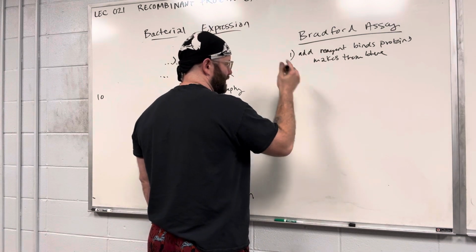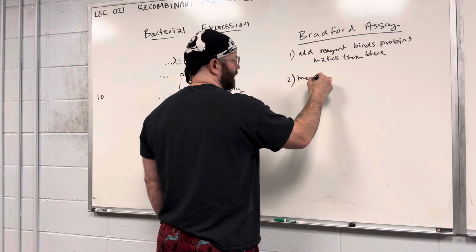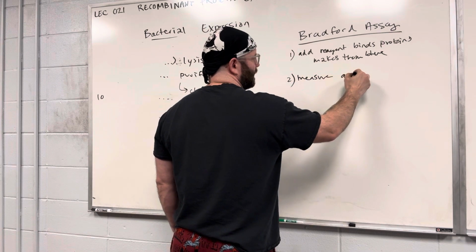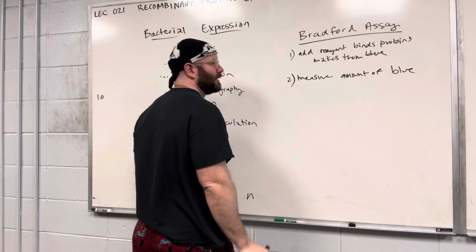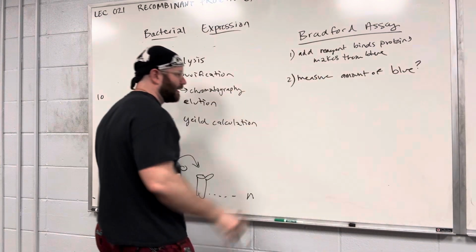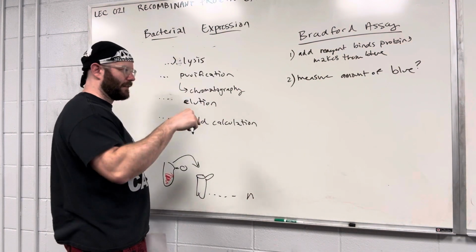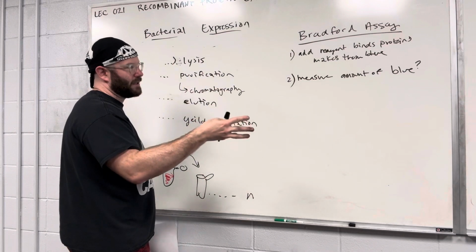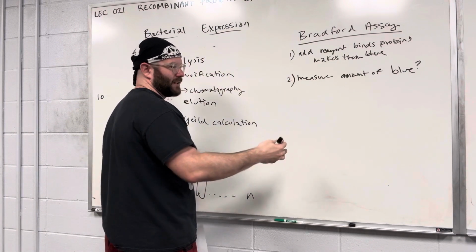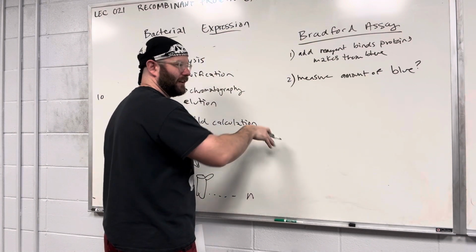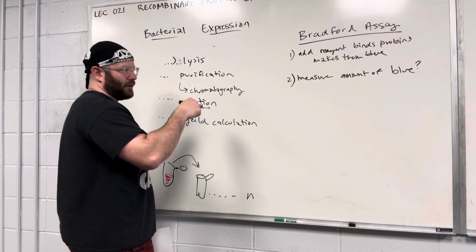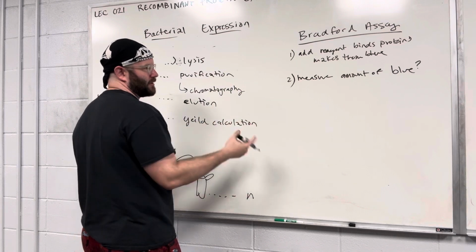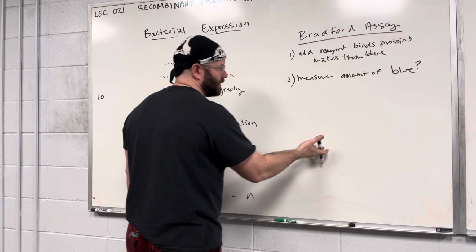Okay, so then the next step is then you measure the amount of blue. How do you think you measure the amount of blue? Yep, okay, so now our friend, the spectrophotometer, again, you just set the wavelength to read blue color, because blue is right in the light spectrum, it's a set wavelength. So you can calibrate your spectrometer to read how much blue is in there.